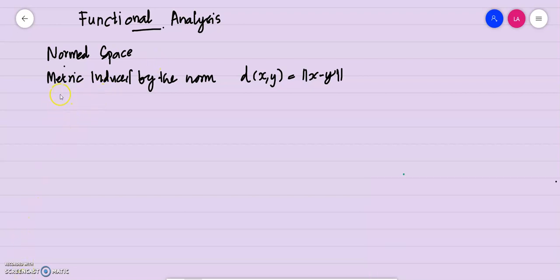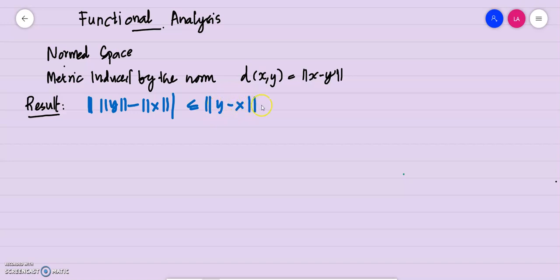So the first property, or the first result, is: modulus of (norm y minus norm x) is less than or equal to norm of (y minus x).